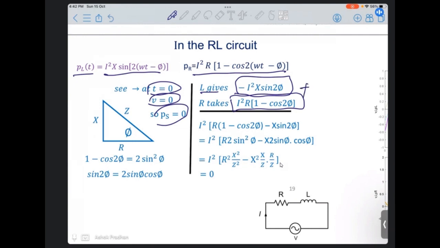So if we add these two, and use the relation R, X, Z, phi, from where you get the relation, then it comes out to be 0. So this power with L becomes 0 at t equals 0. And as I told, at that time V is nothing but a short circuit because V happens to be 0. So therefore, V neither gives nor takes power at that time.